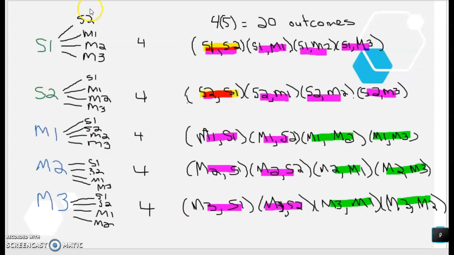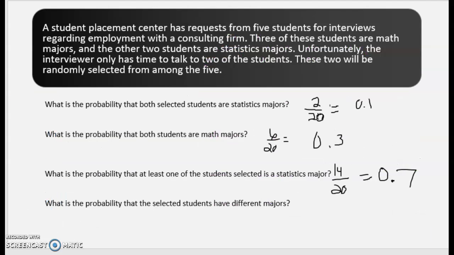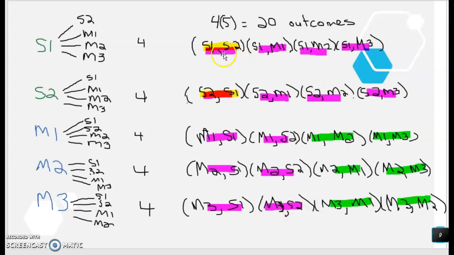What's the probability that the selected students have different majors? So now we're going back to our sample space and looking for those that have different majors, so an S or an M. And those are the ones we're going to highlight in blue here. So an S or an M would be 1, 2, 3, 4, 5, 6, 7, 8, 9, 10, 11, 12.